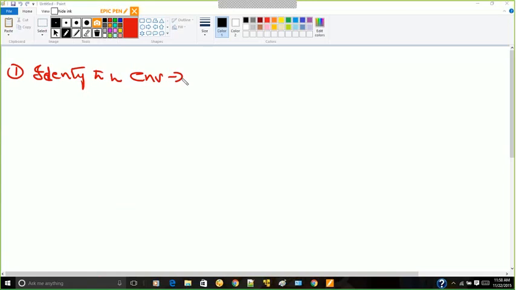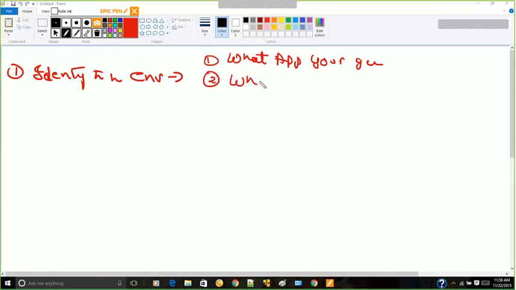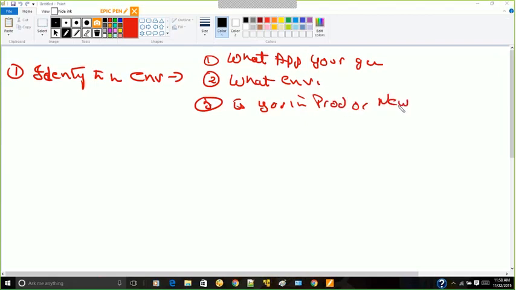One, you will see what application you are going to test. Two, what environment. Three, is your application in production or new. Four, what tool you are going to use for testing.